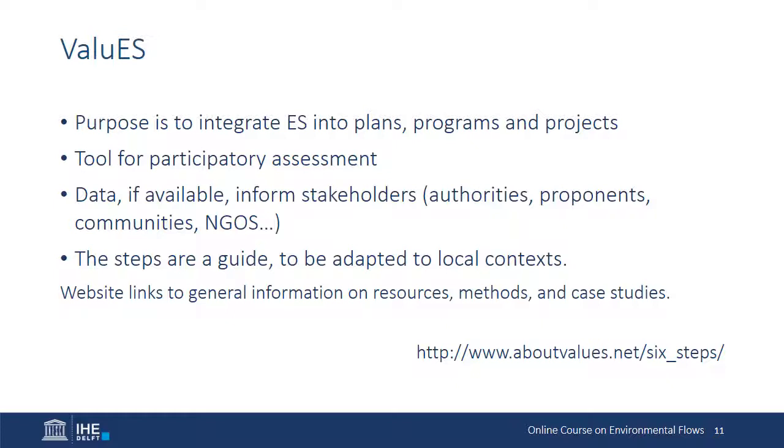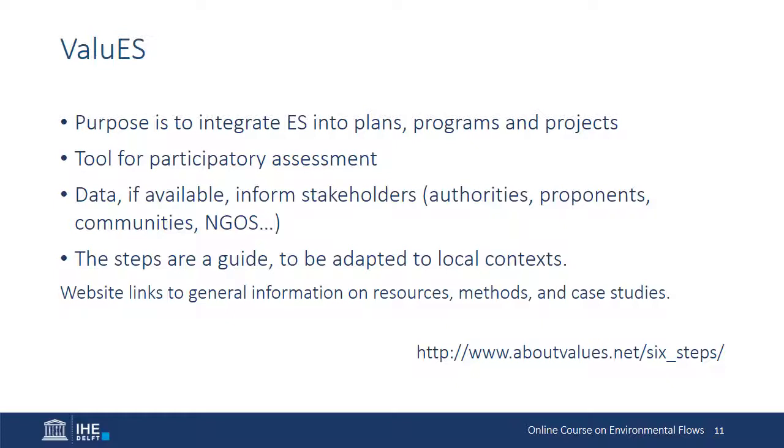That means that whether there is data or not, the important thing is to bring together all the different stakeholders so they can understand how a proposed intervention might affect the services that are provided and what groups could benefit or be impacted by that.